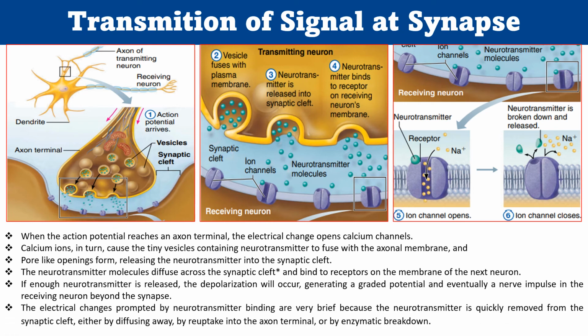Number 6. The electrical changes prompted by neurotransmitter binding are very brief because the neurotransmitter is quickly removed from the synaptic cleft, either by diffusing away, by reuptake into the axon terminal, or by enzymatic breakdown.